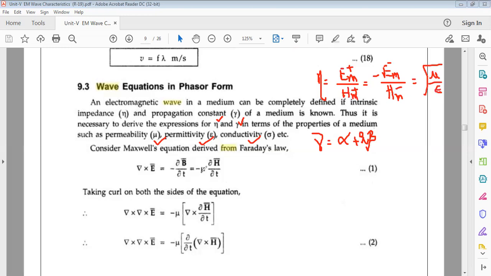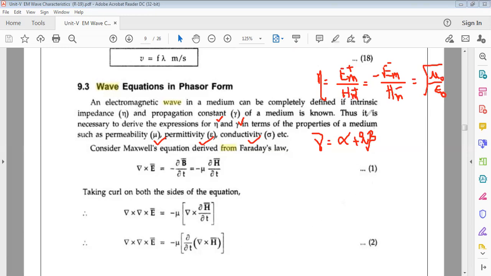We got this equation, mu by epsilon, or mu naught by epsilon naught, because we derived the wave equations in free space. Epsilon r is equal to 1 and mu r is also equal to 1.